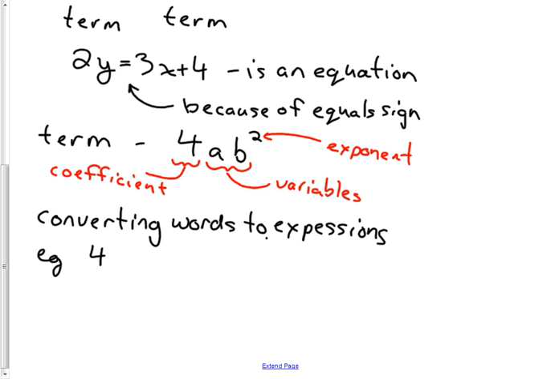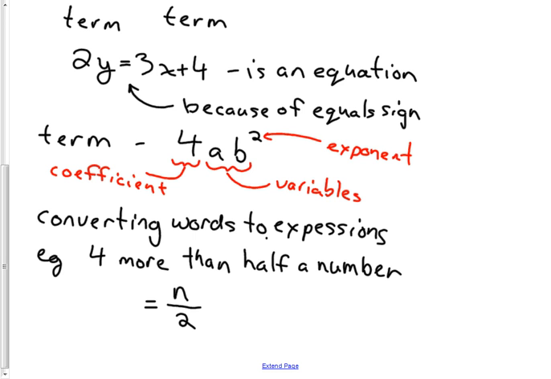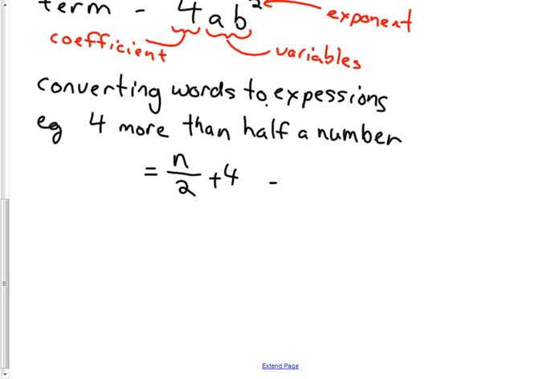So an example might be 4 more than, say, half a number. And I might say that this is equivalent to, well, there's half the number, n divided by 2. The 4 more gives us a plus 4. Or we could write this as 1/2 n plus 4, something like that.